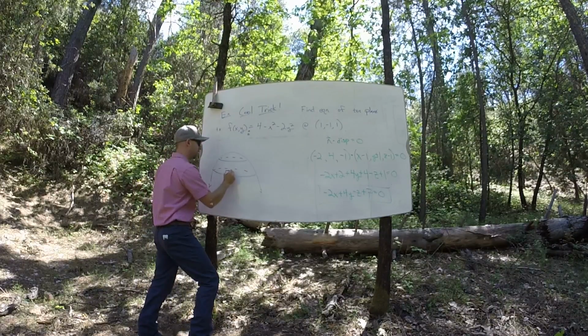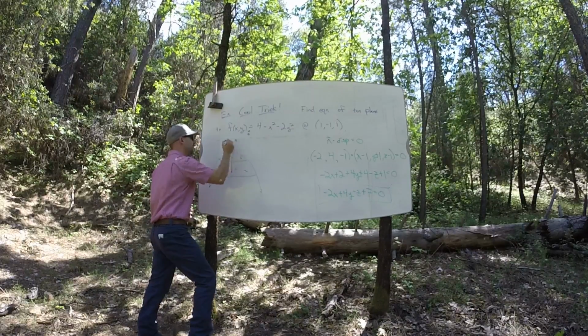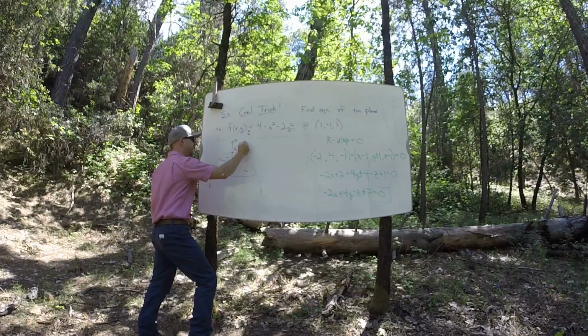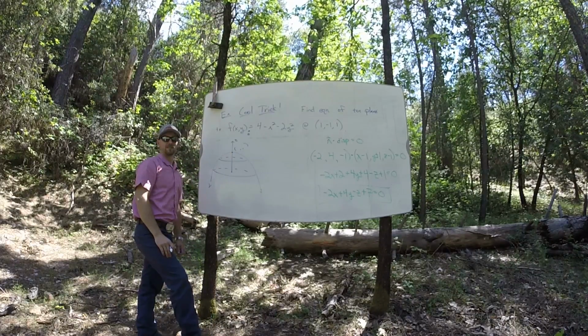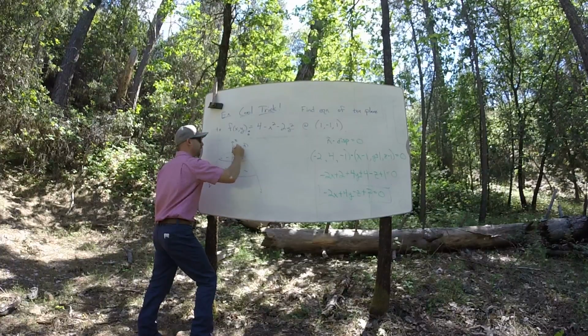And we could label some points on this thing. The z-axis hits up here at 4, so 0, 0, 4.